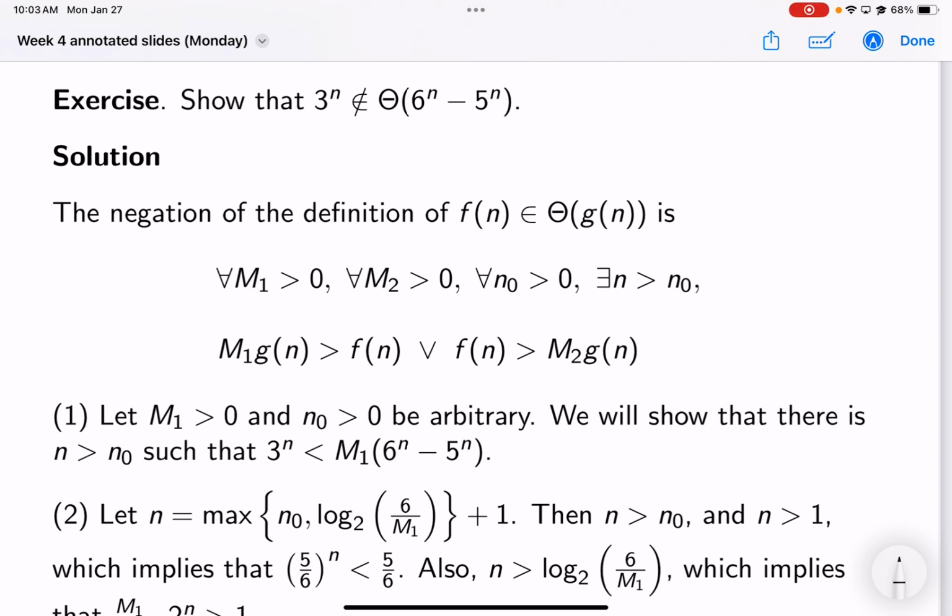More complicated example of the same idea. We're going to show that 3 to the power of n is not in big theta of 6 to the power of n minus 5 to the power of n. We know, from the fact that we're told to prove this, that 3 to the n doesn't grow at the same rate as 6 to the n minus 5 to the n, but we don't know whether it grows more quickly or more slowly.